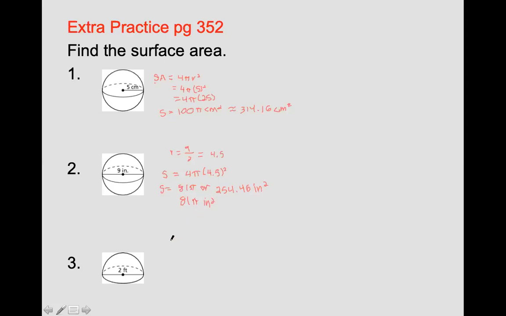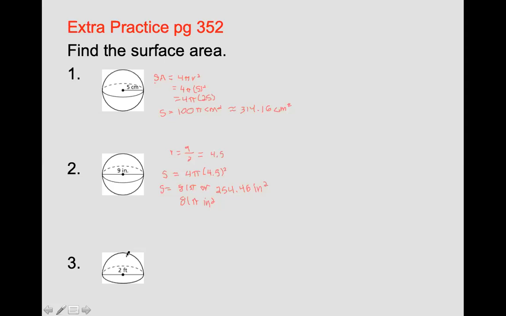All right, number 3, this time it says find the surface area of the solid in your journal. So sometimes you're going to encounter problems in this lesson where they say just find the surface area of the hemisphere, which means they're talking just about the top part. But in this case, on number 3 in your journal, it says to treat this as a solid.